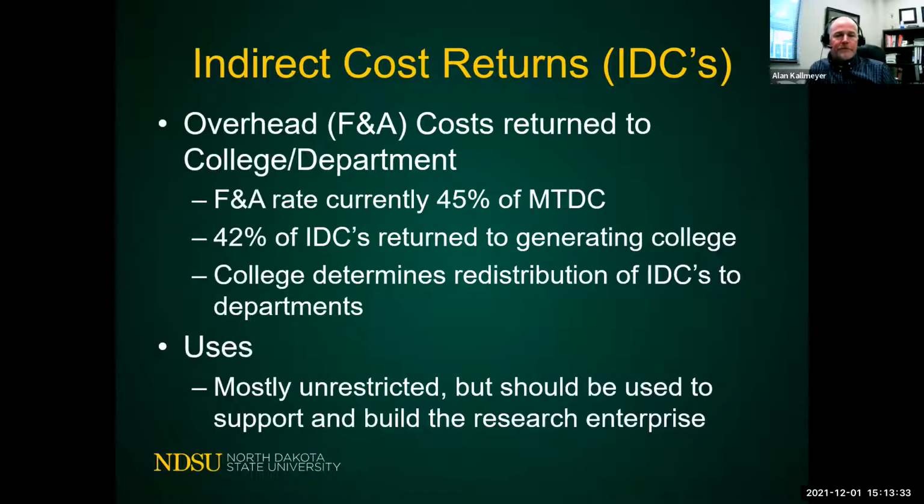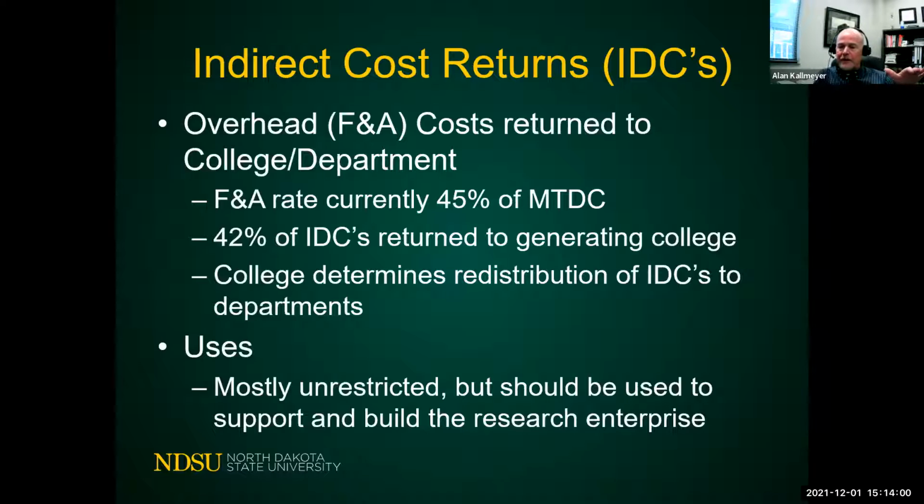Indirect cost returns. For those programs that have good research portfolios, the indirect cost returns can be a nice source of revenue. All grants, or I'll say most proposals that get submitted, have, in addition to the direct costs, a set of indirect costs that are charged.